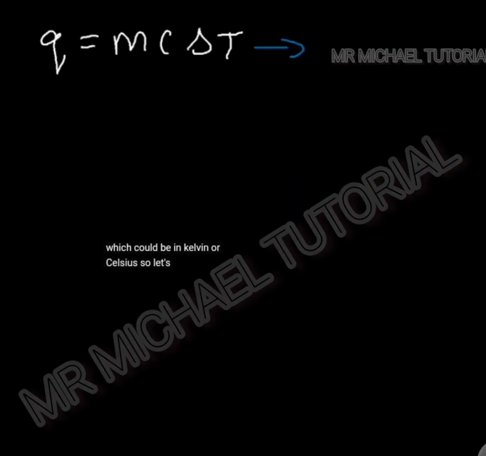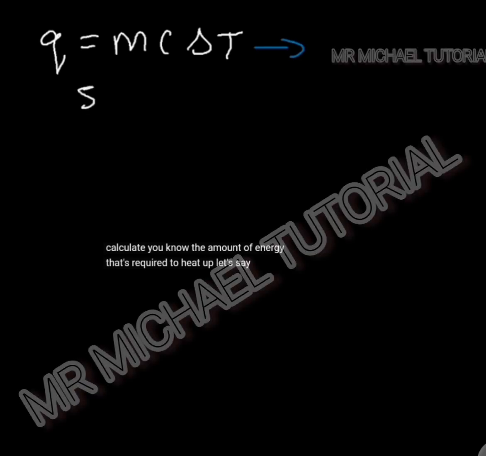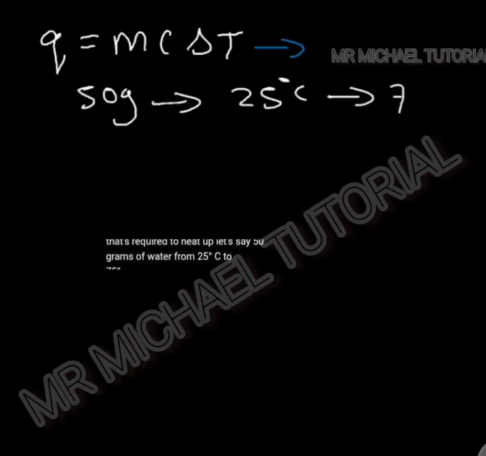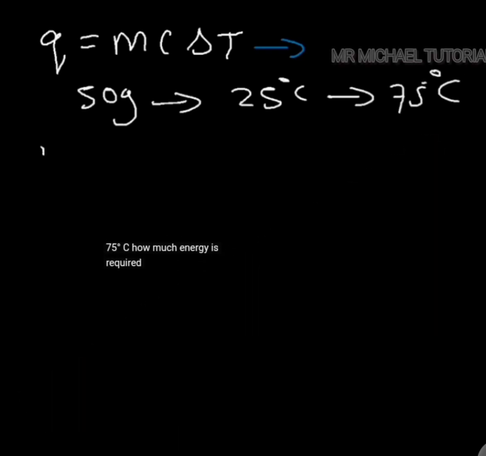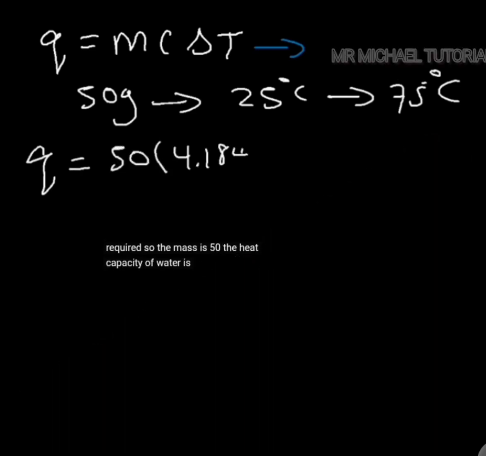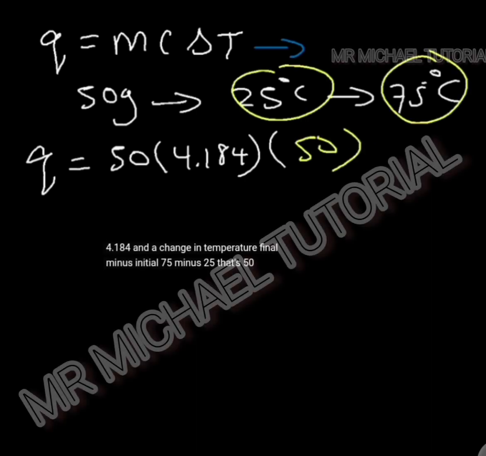So let's say you want to calculate the amount of energy that's required to heat up 50 grams of water from 25 degrees Celsius to 75 degrees Celsius. How much energy is required? The mass is 50, the heat capacity of water is 4.184, and the change in temperature, final minus initial, 75 minus 25, is 50.